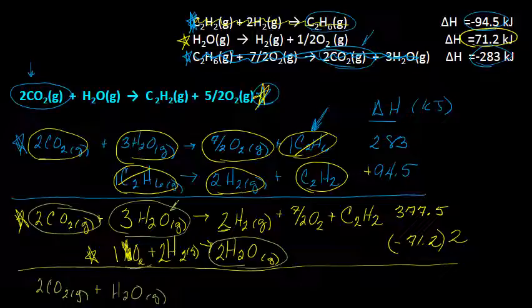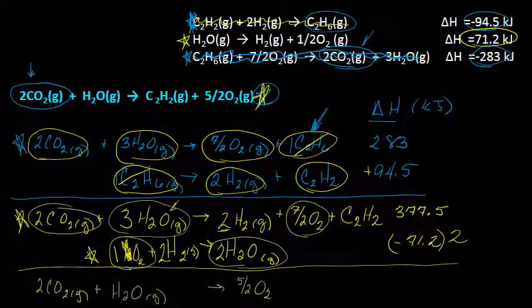Now I have 1 oxygen here, and I have 7 halves oxygen there. So 1 minus 7 halves, well, that's 5 halves oxygen. And since 7 halves is greater than 1, that's why it stayed on the product side.